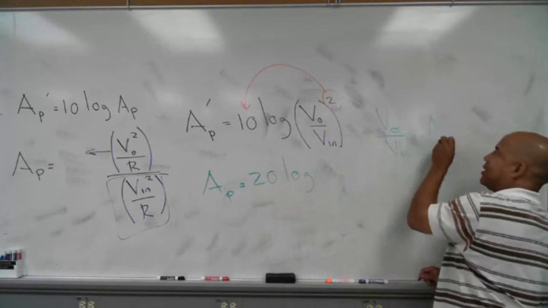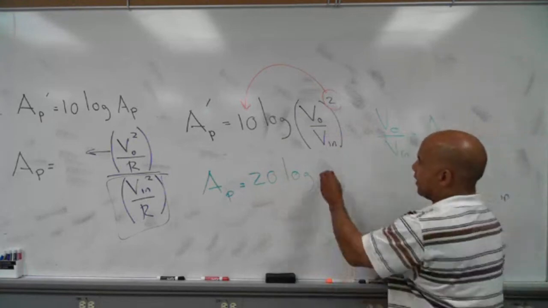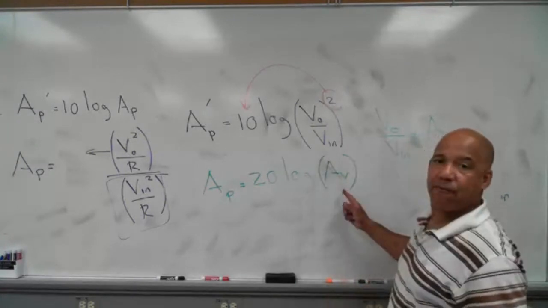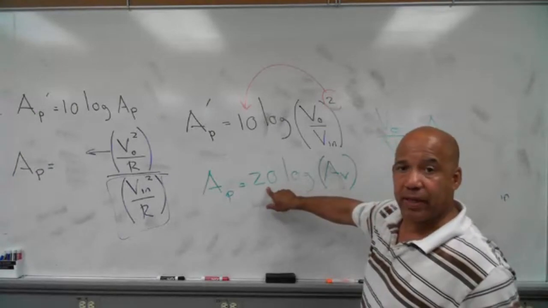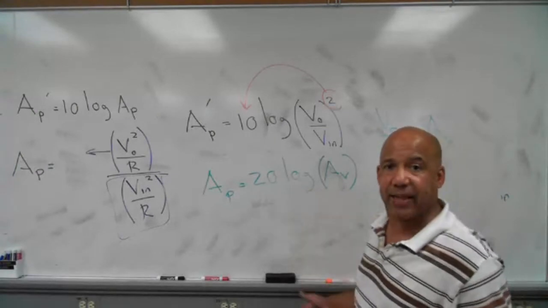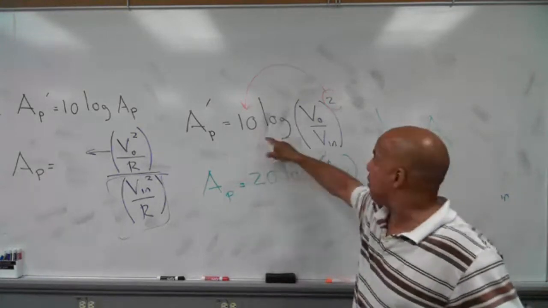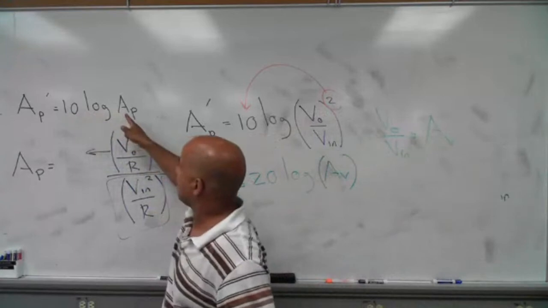Well, all that is my voltage gain. So if I know my voltage gain, I can still get power gain from it by taking a regular voltage gain and multiplying it by 20. Kind of handy. Remember, if I have a 10 in front of the log, then in here I have power: 10 log the power gain.